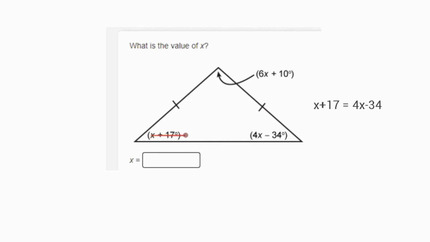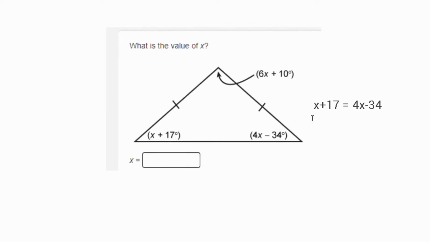So x plus 17 is this angle, and the other angle is 4x minus 34, so you can set them equal to each other. And this angle here, in this situation, is just not necessary, but if it asks you in like part B to say what is 6x plus 10, you can multiply x by 6 and then add 10.